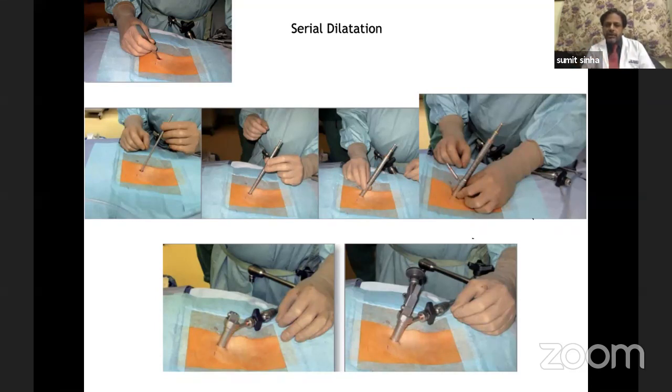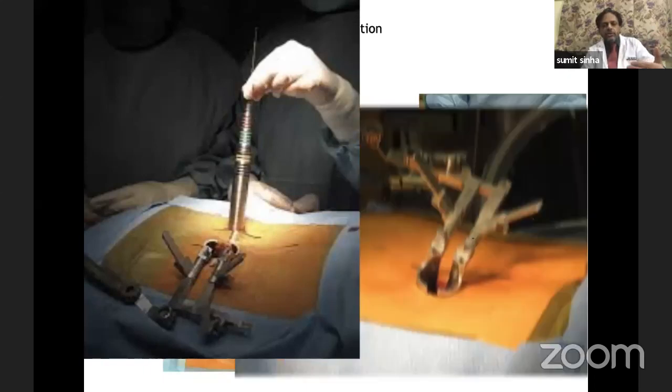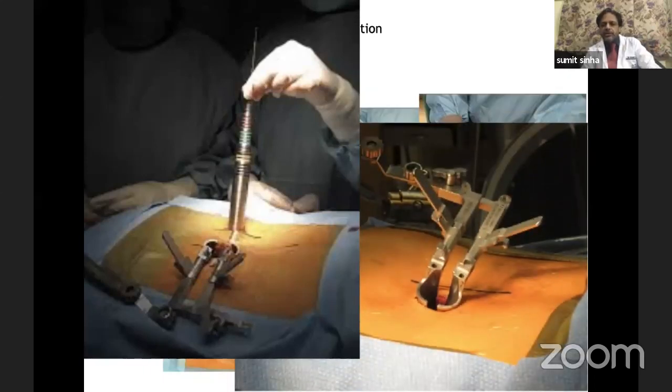This tubular retractor is then attached to a handle, which is attached to the side of the table, so that it does not move during the surgery, as shown in the final picture in this slide. Now these are the serial dilator systems, and on one side you are already seeing the MAST retractor system in place, and the surgery is done entirely through this small 2 by 2 centimeter opening into the muscle.